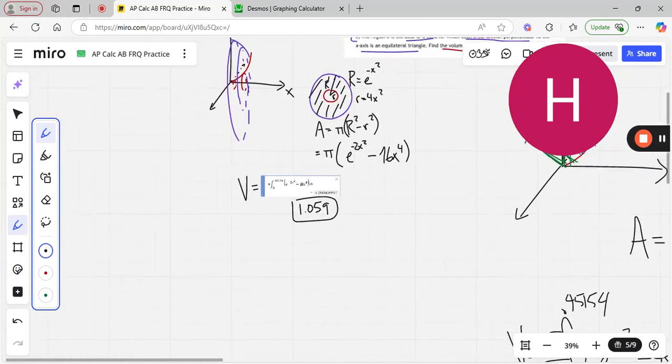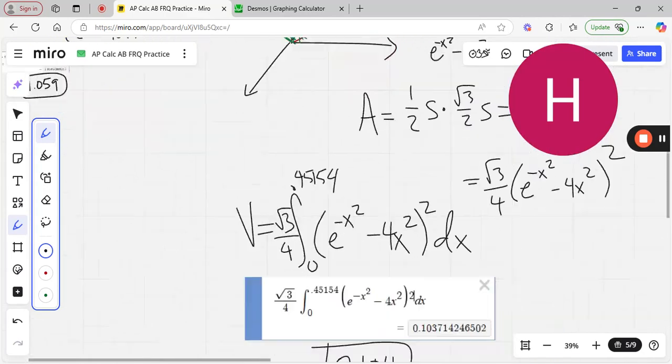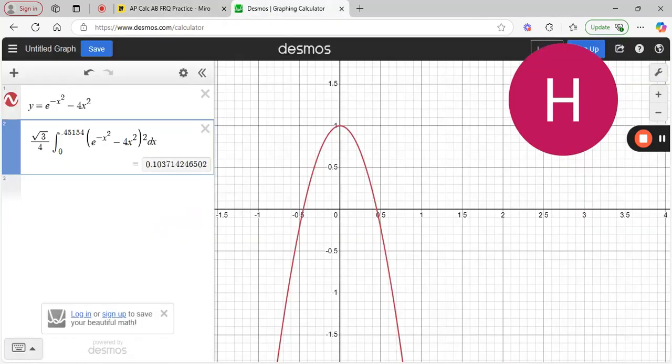Considering that the other one was like 1.059, that's not too surprising. Let's just make sure this integral is good again. Oops. So this is going to be e to the negative x squared minus 4x squared, and then that squared. Yep, 0.104.